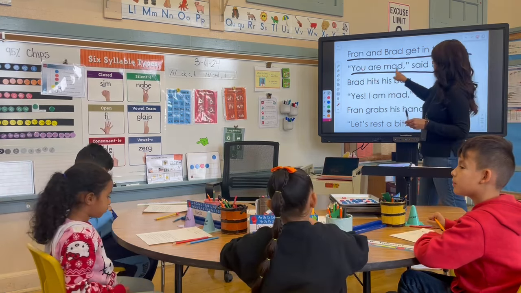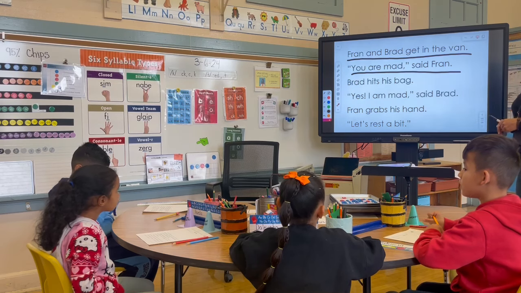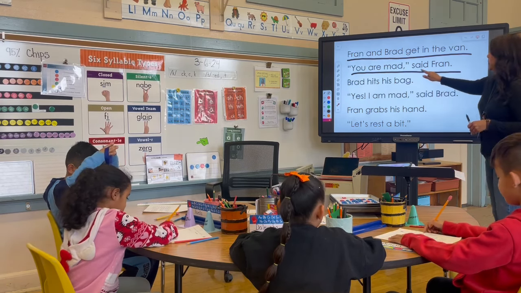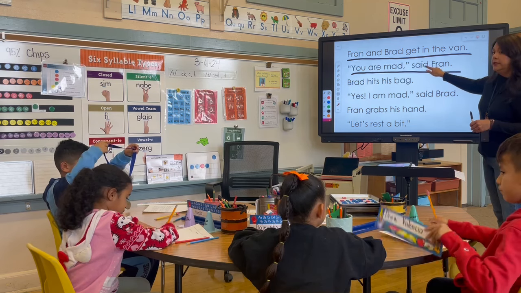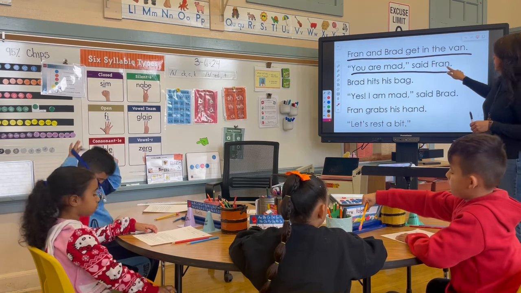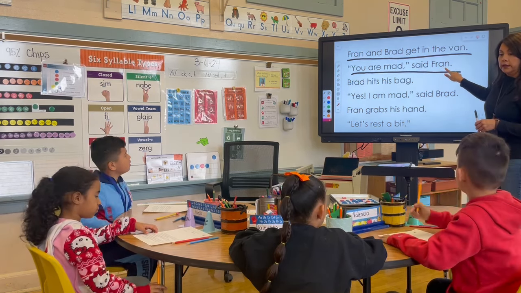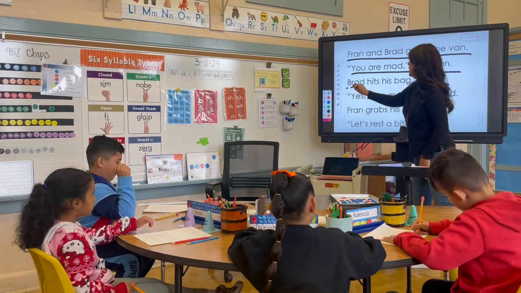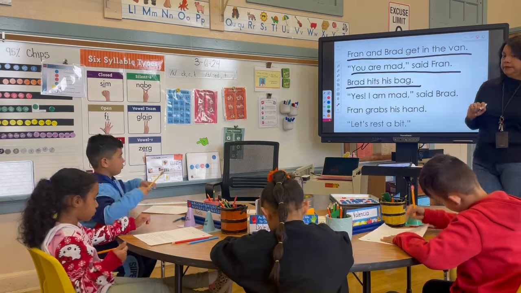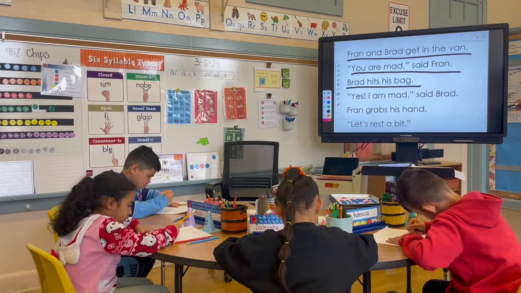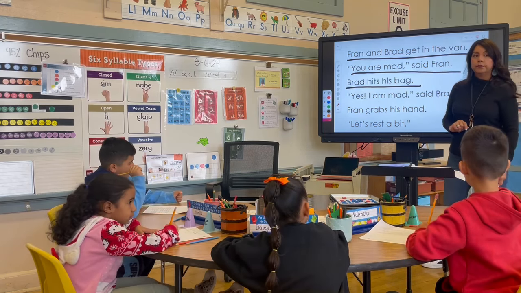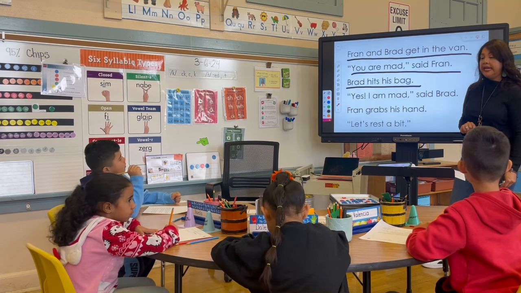Delisha, will you read this one? Remember, this is the word said. Yes. Fran, good job. Let's underline the next one. Okay, Drew, this sentence is for you. Brad and Fran. Brad.